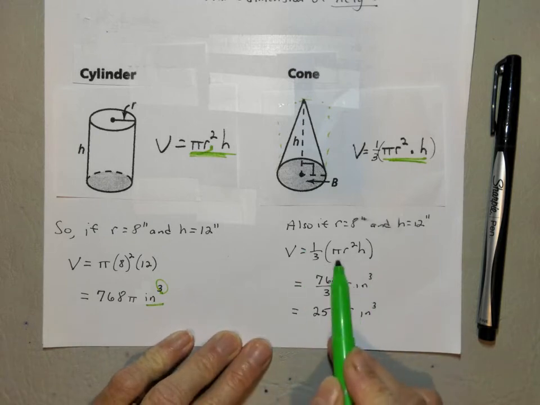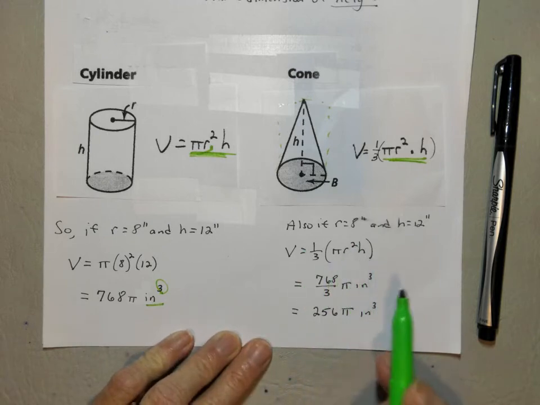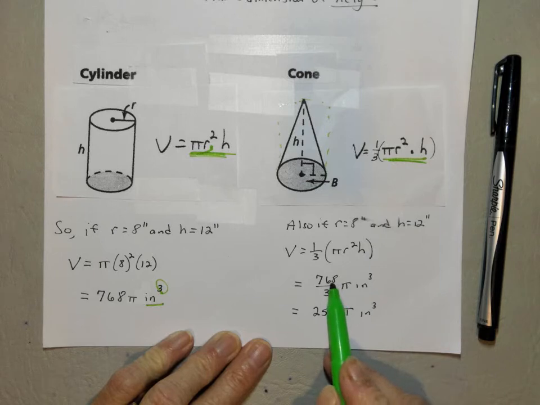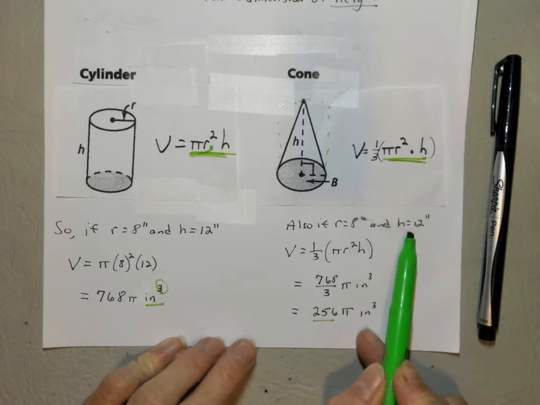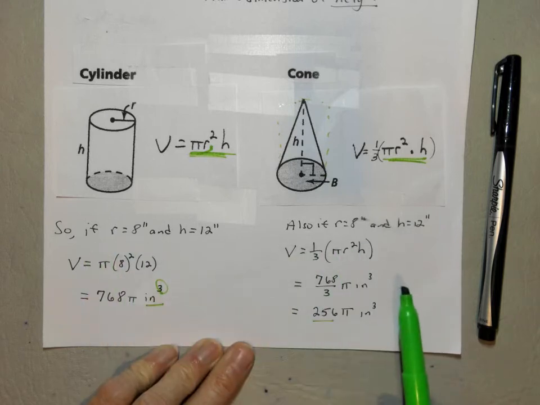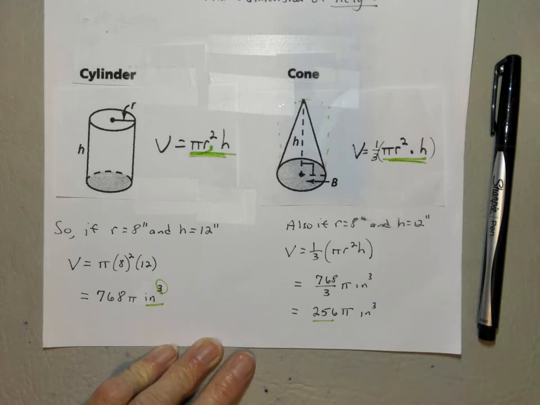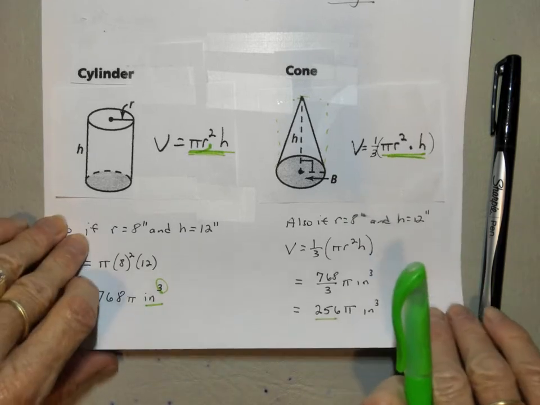So it's 1/3 pi r squared times h, which is 768 divided by 3 pi inches cubed, which ends up being 256 pi inches cubed. So when you have the same radius and height for your cylinder and cone, the cone is just 1/3 of what the cylinder was. Okay, ladies and gentlemen, so that's how we use the formula for cylinder and cone.